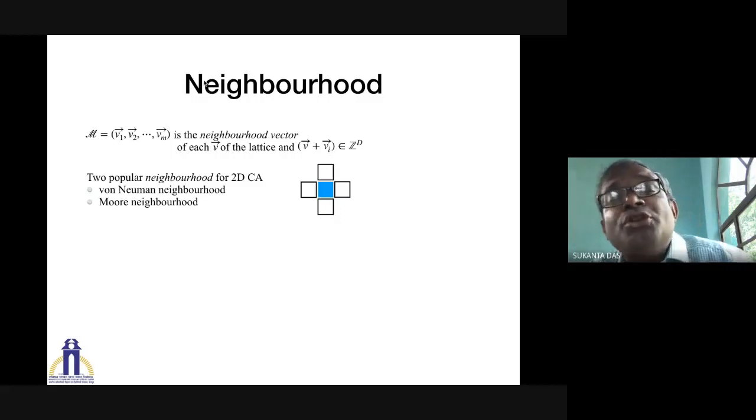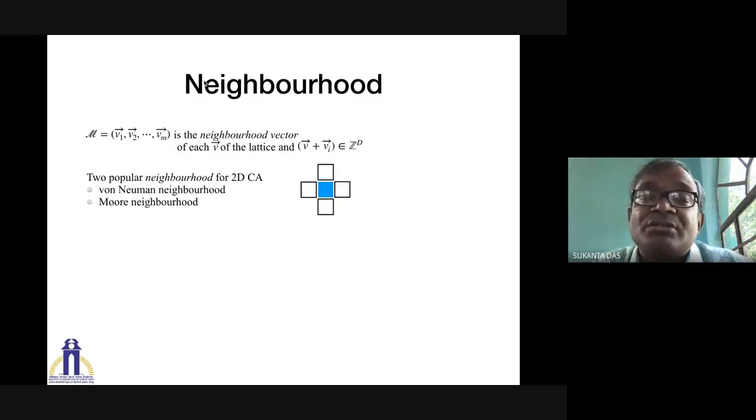So this is the von Neumann neighborhood. Von Neumann, as I said last class, first developed the cellular automata, and in that work he used this neighborhood structure. The blue cell is the cell under consideration, and the orthogonal cells, left, right, up, down, these four cells are the neighbors.